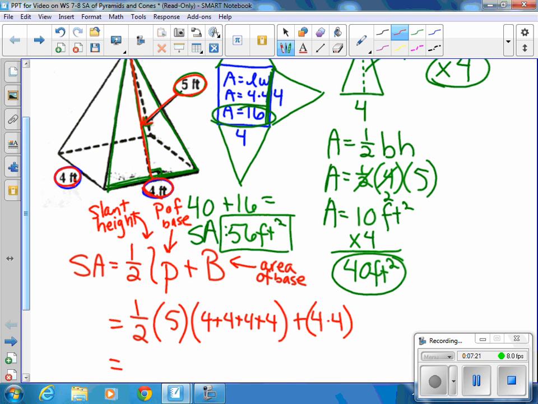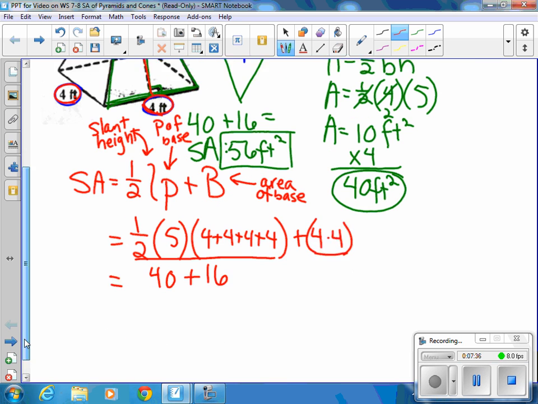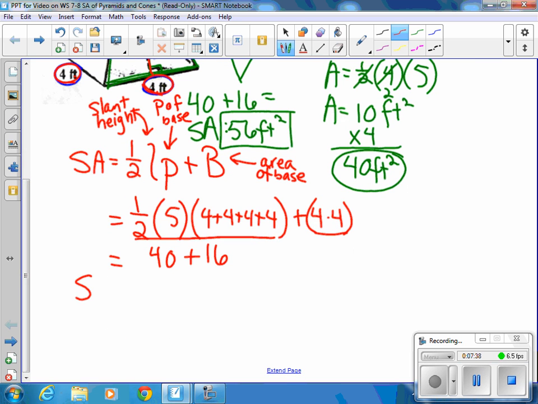When I do all that math here, what I wind up with is all of this becomes 40, and this is 16, which means that my surface area for that square pyramid is going to wind up being 56 feet squared. And we already said that.